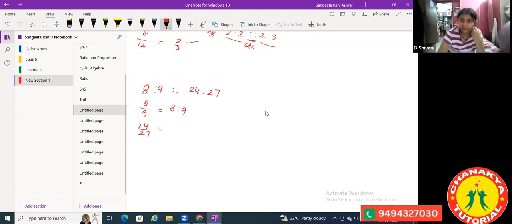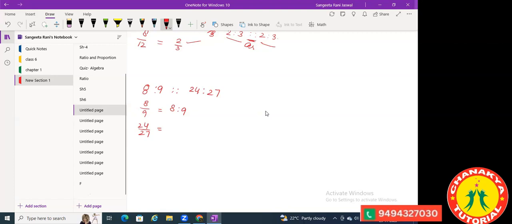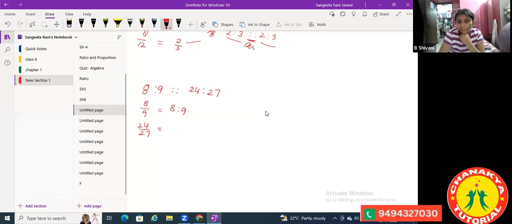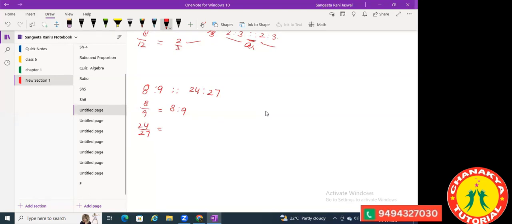The HCF of these two is 3. 8 is to 9. When you divide 24 and 27 by 3, numerator and denominator, you get 8 here, you get 9 here. So 8 is to 9.